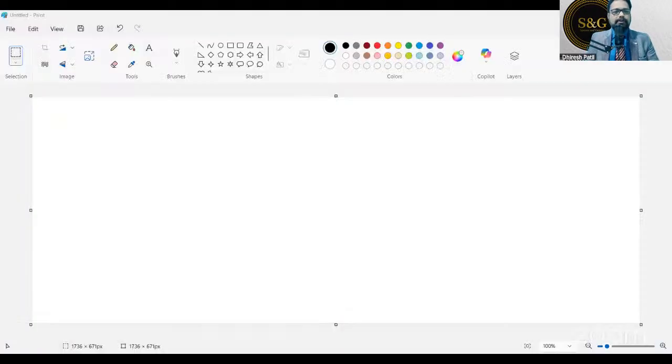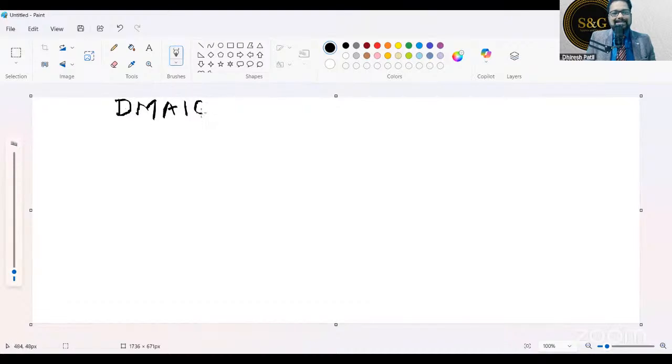Let's move on. So today's topic, let me just share my whiteboard, and from the whiteboard, let's begin our journey. Today's topic is all about process capability. Now in the DMAIC framework, we use process capability two times.